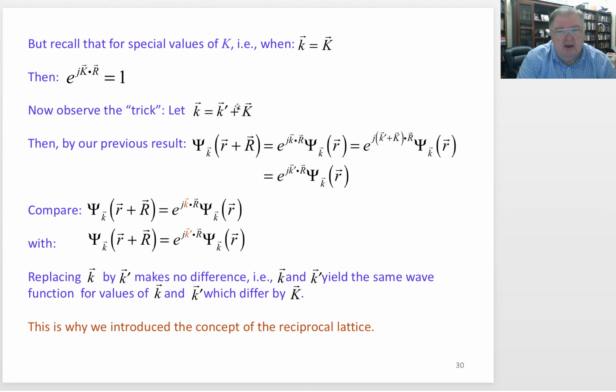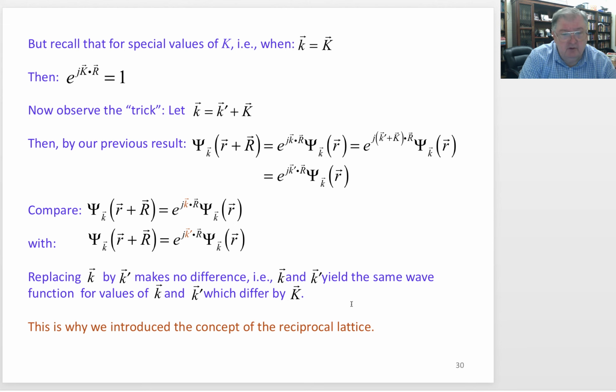In other words, by doing this trick, I'm able to capture what happens in any Brillouin zone, anywhere, in terms of what happens in the first Brillouin zone. Replacing k by k prime makes no difference.